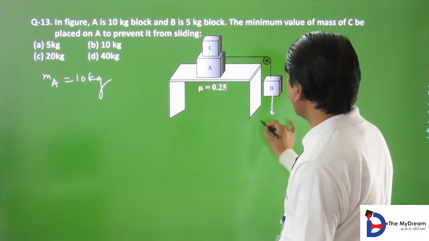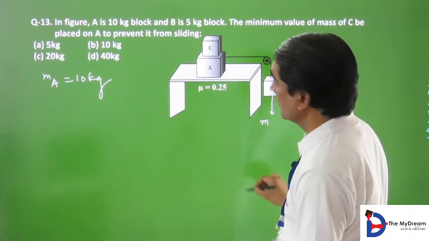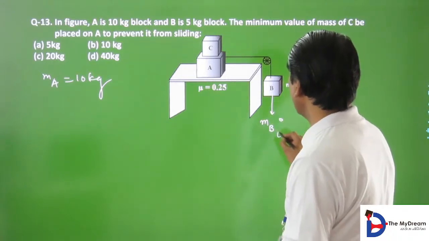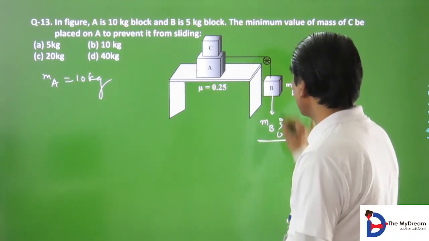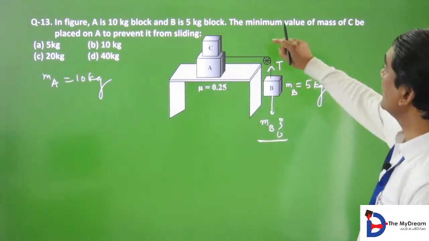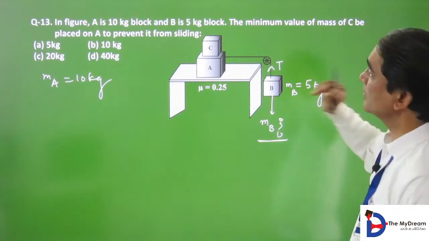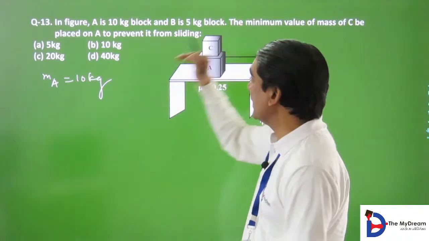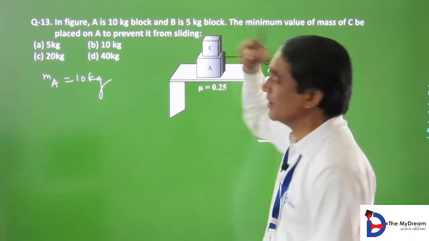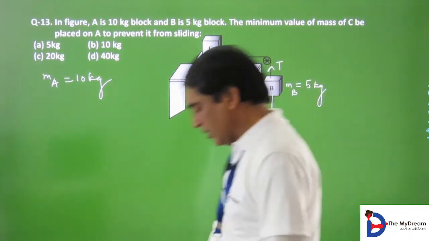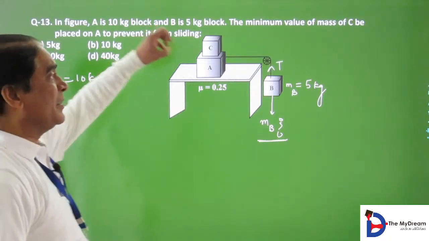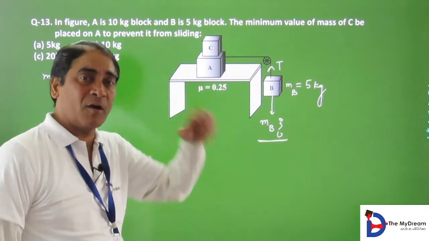Because of the weight mB into G, there is the tension T. What will be the minimum value of the mass C that can be placed on A to prevent it from sliding?